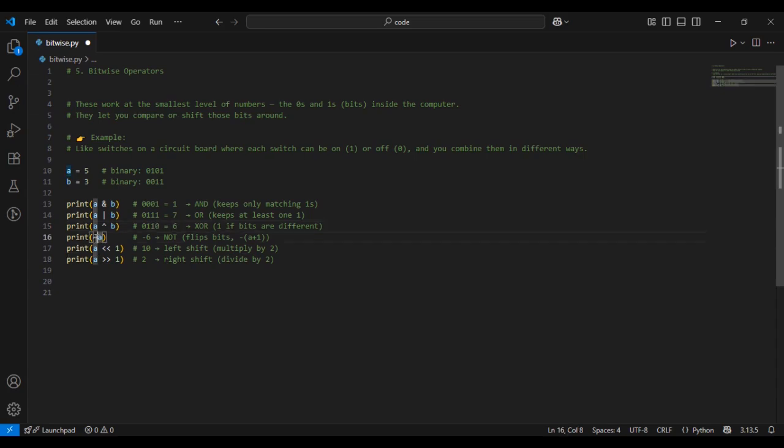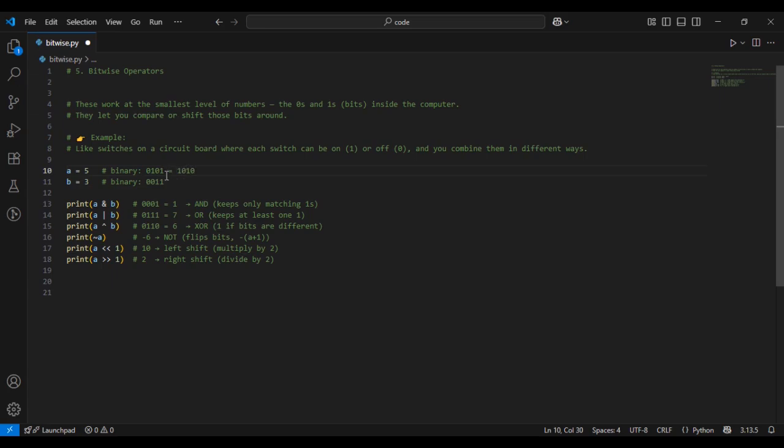Next is this operator, which is the NOT operator, which is to invert. This is another concept related to complement, but I will not explain it fully. Just look at the code, and these are two values. So first we use the NOT operator on A. So we have 0 1 0 1. We will just invert the values, so this will become 1 0 1 0.